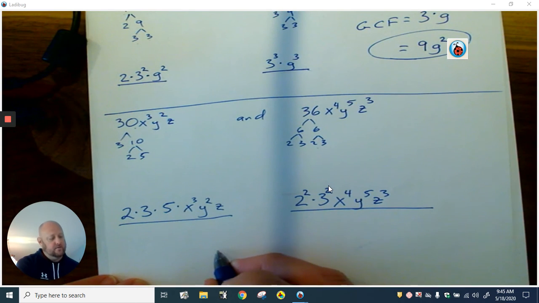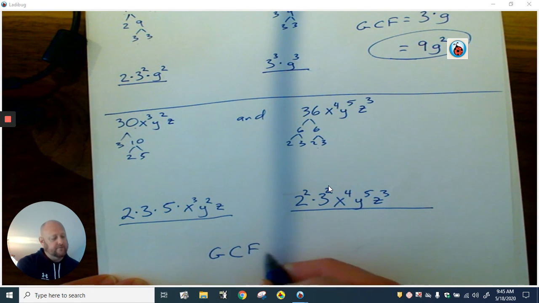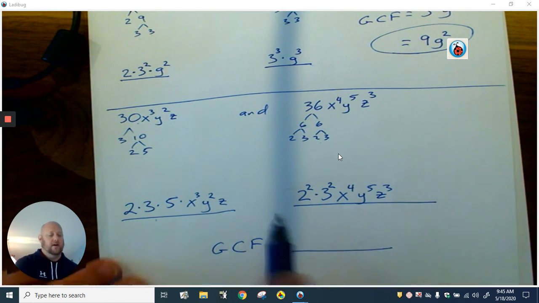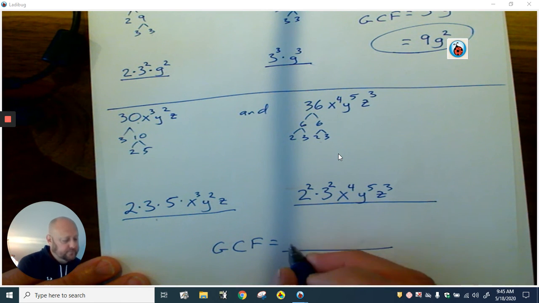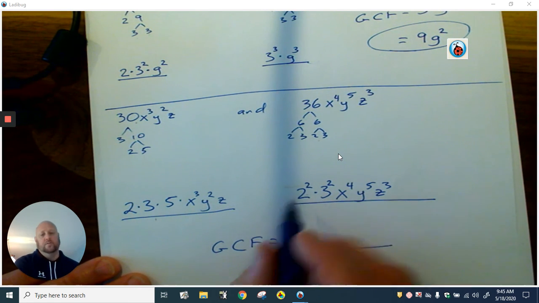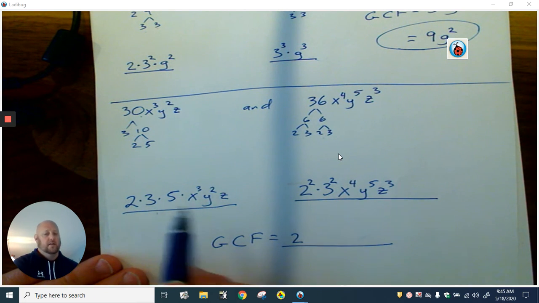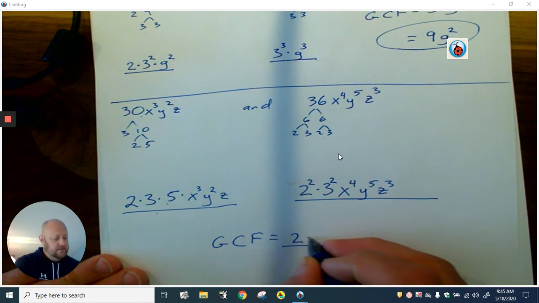And then again, when you go to do the GCF, all you're looking for is, what do these both have in common? They both have a 2. This has 2 2s, but this one only has 1. So they both have at least 1 2. They both have 3s.